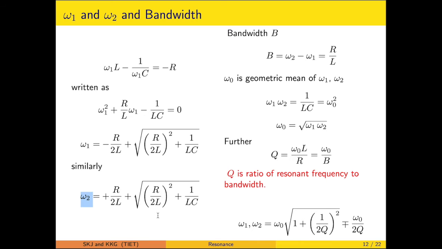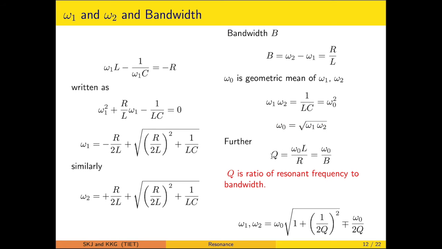Now we will see that the bandwidth omega 2 minus omega 1 can be directly calculated, and that is given the value R upon L. With these numerical expressions, you will find that omega 0, which is the resonant frequency, is the geometric mean of the half power frequencies omega 1, omega 2. So omega 0 is equal to root of omega 1 omega 2.